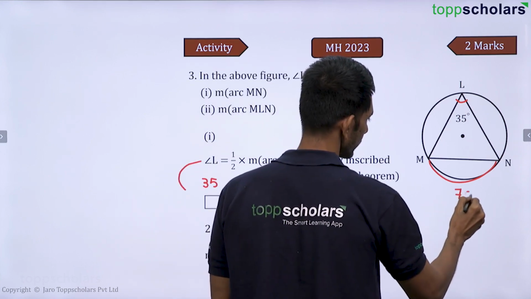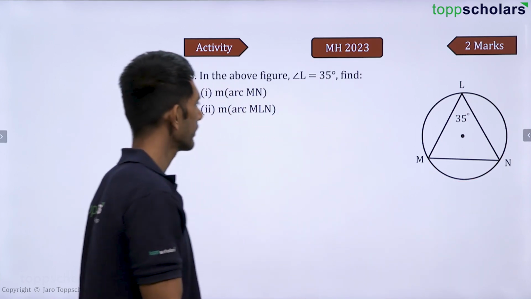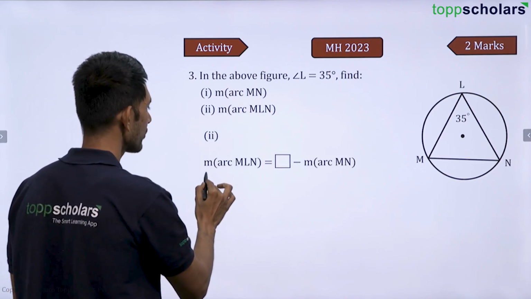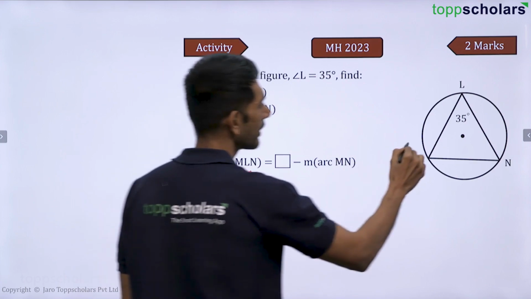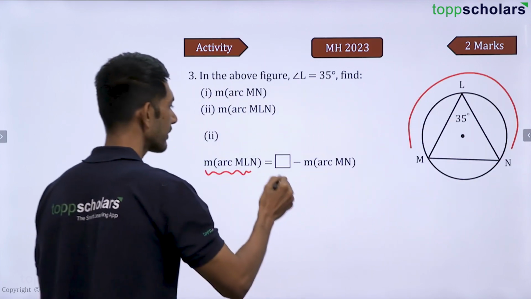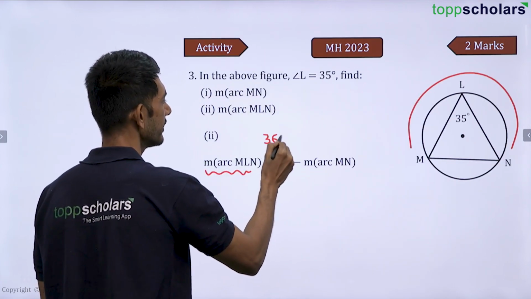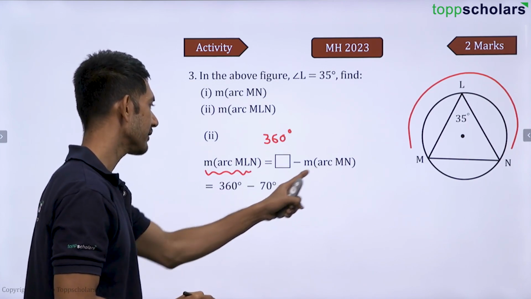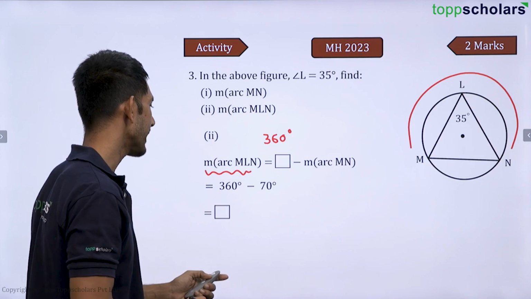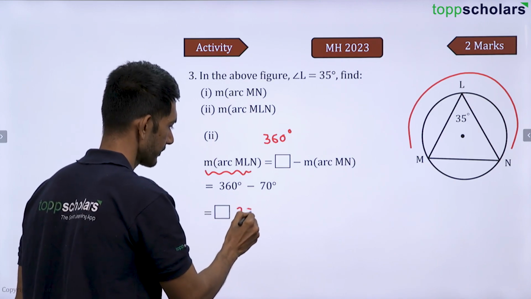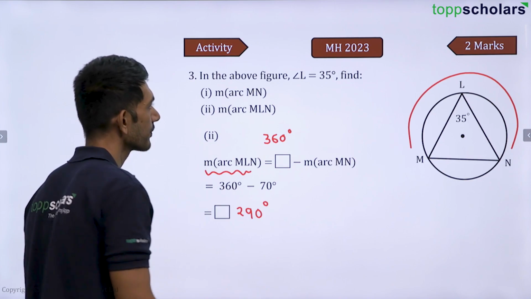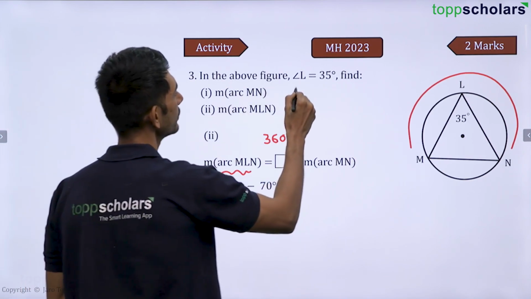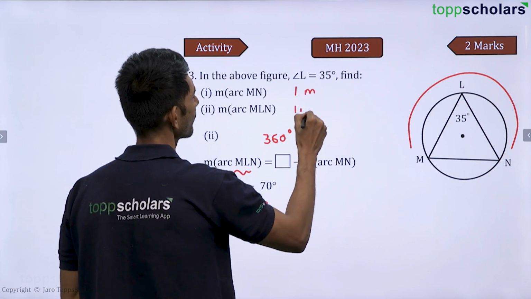And then we focus on MLN. Now see, this measure of arc MLN remaining is the entire circle, that is 360 degrees. So that is 360 minus 70, which is 290. That's a 2-mark question, 1 mark for this, 1 mark for this.